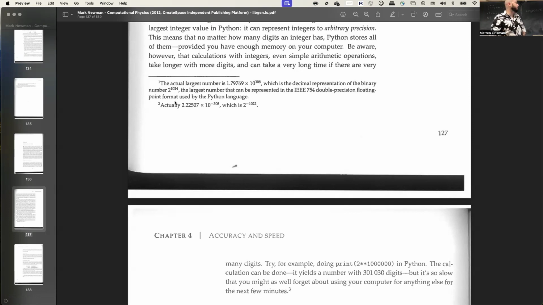You may not be familiar with what this symbolism is. 2 to the 1024 is how many bits are represented in your locker. So there's 1024 bits of information, 1024 information locations. So 0, 1, 0, 1, 0, 1, that type of math, right?